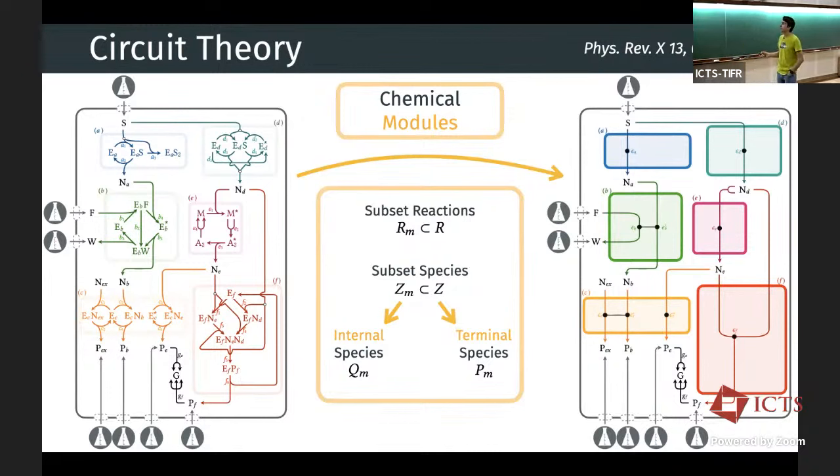The point is that we want to characterize each single module in terms of the terminal species only. We want to forget about the internal structure, the elementary reactions of the module, and convert whatever complexity is there into just effective reactions between the terminal species.